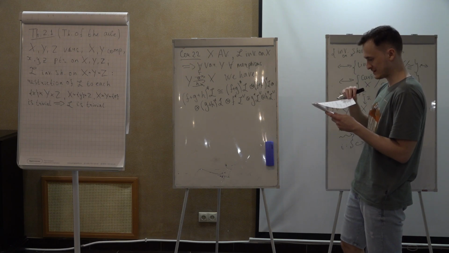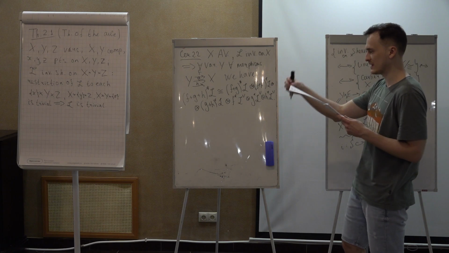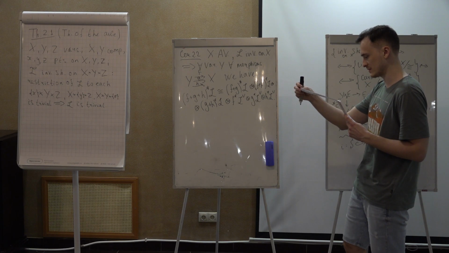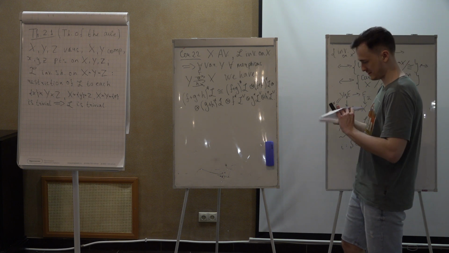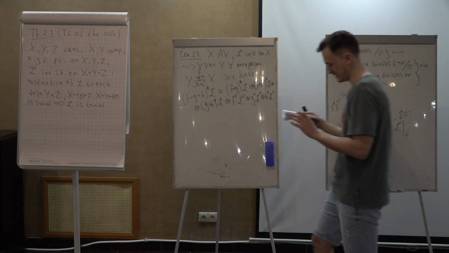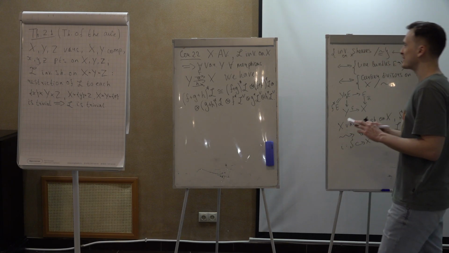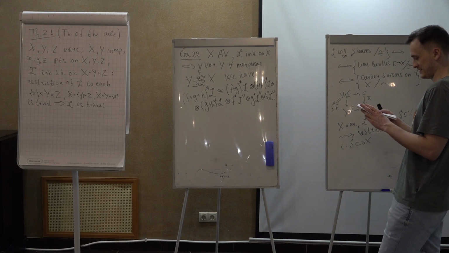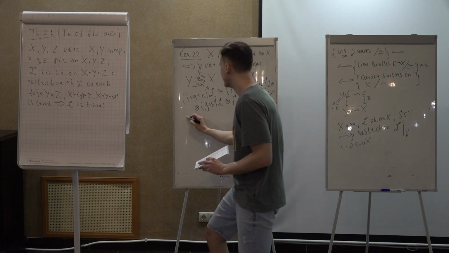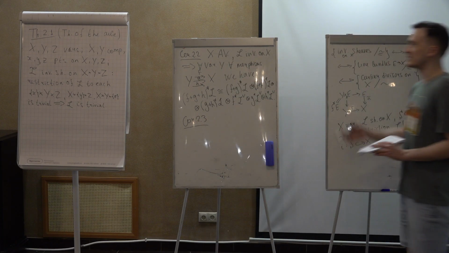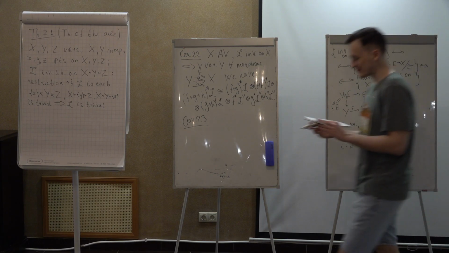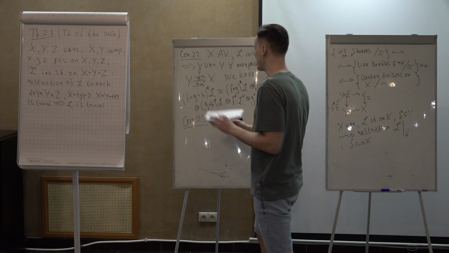I don't think it's too enlightening to prove this, so I think we can just skip this. And we can skip this to immediately get, so we had the theorem of the cube, we have its corollary, and now we have the theorem of the square.